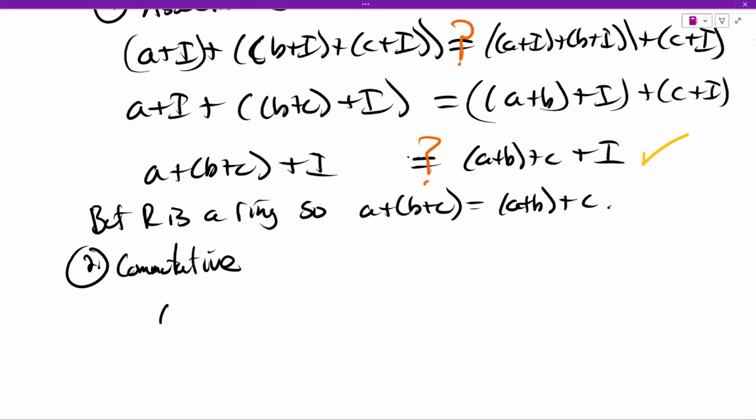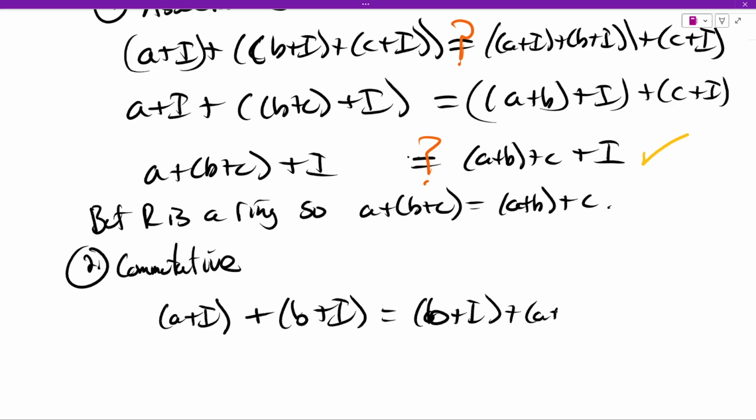All right, commutative. It's going to be very similar. So we have to ask, is A plus I plus B plus I the same as B plus I plus A plus I?